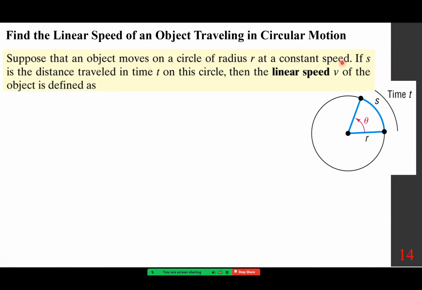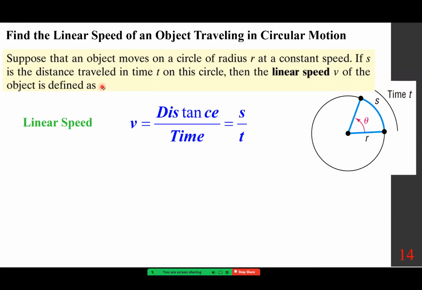If s is the distance traveled in time t on the circle, the linear speed v of the object is defined by total distance over total time, and distance is s over t because it covers the arc length of s. It's a definition of a linear speed.